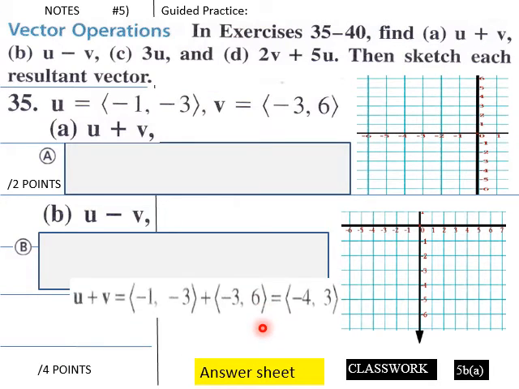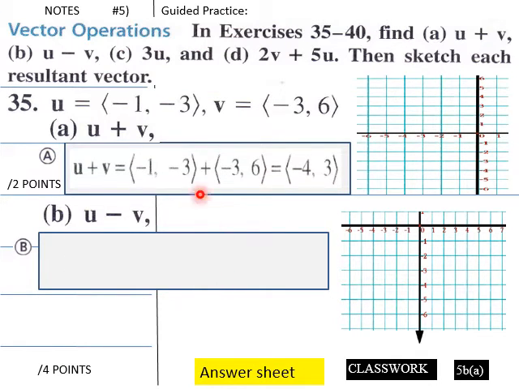So we do know that, and you did cover that. And so in this situation for number 35, our u is (-1, -3), and our v is (-3, 6).